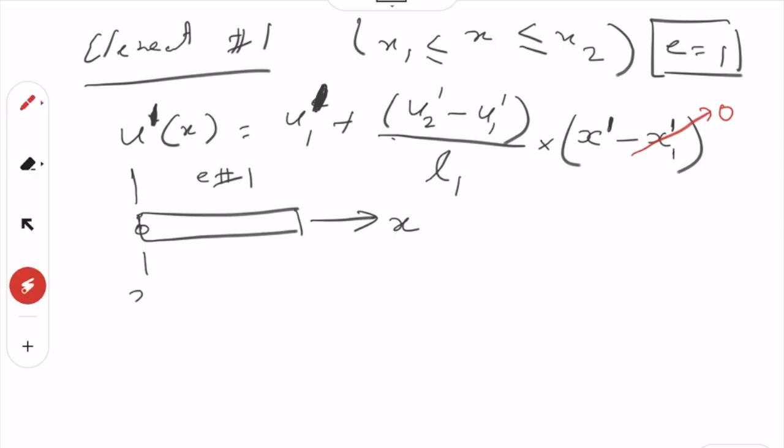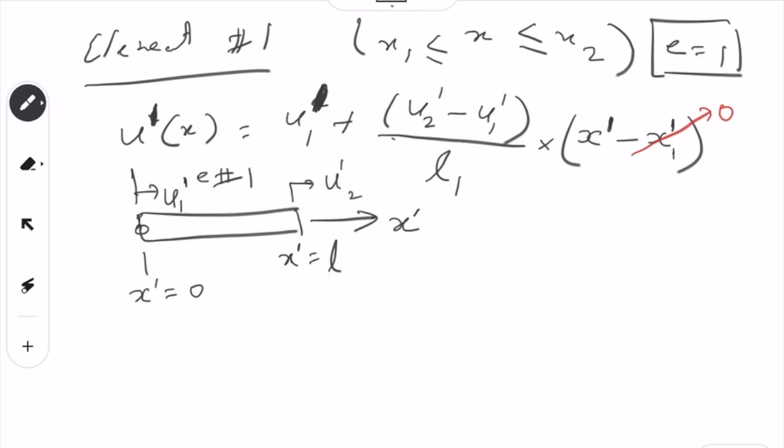For element number 1, this is x1 equal to 0 and this is x1 equal to L. In between, let us say u is given as u 1 1, displacement at node 1 of element 1, and here u 1 2, the displacement at node 2 of element 1.